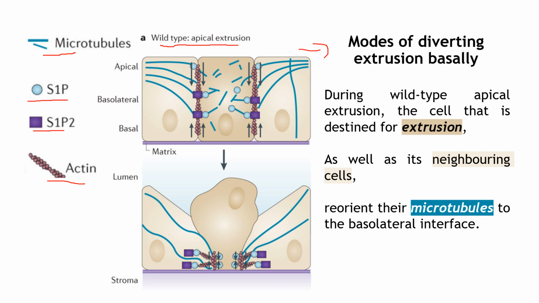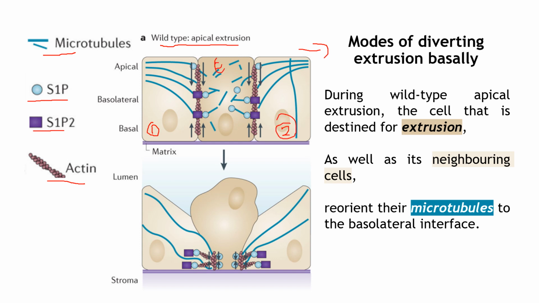Okay, and key things here: they are not only going to talk about the cell that is going to extrude. In a normal situation, you have one neighbor cell, another neighboring cell, and here the cell that is going to extrude.